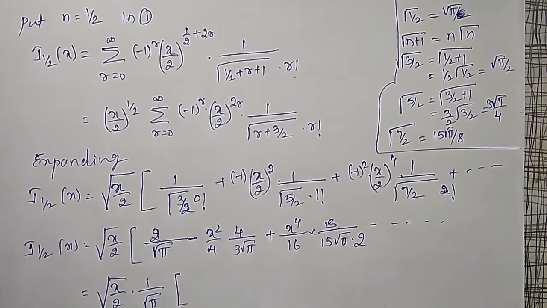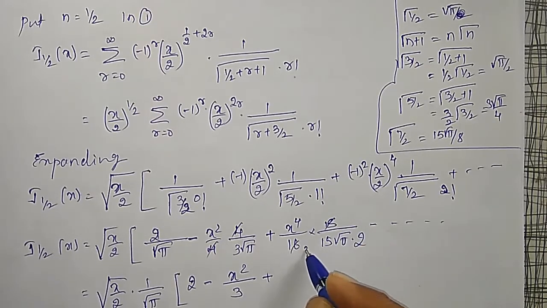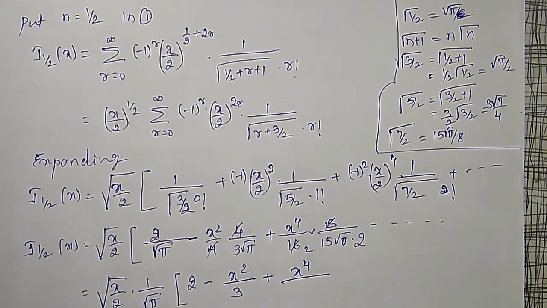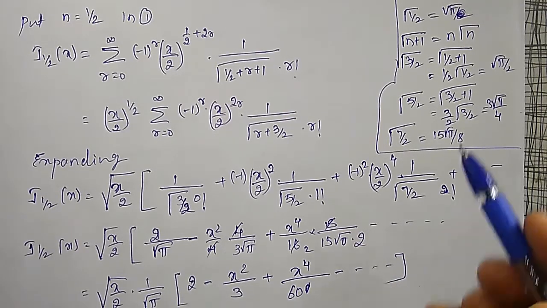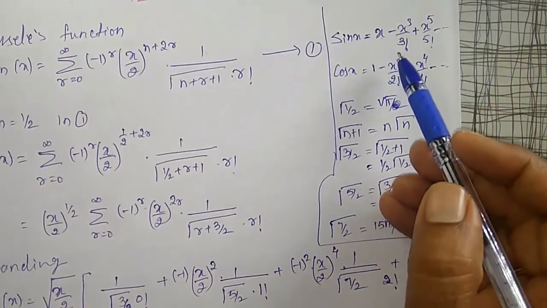Then I am going to get 2 minus 4 cancels, x square divided by 3, plus here 8 1s are 8, 2s are, that is x to the power 4 divided by 15 into 4, that will become 60, into root pi already taken common, minus and so on. This series is very much nearest to our sine series.